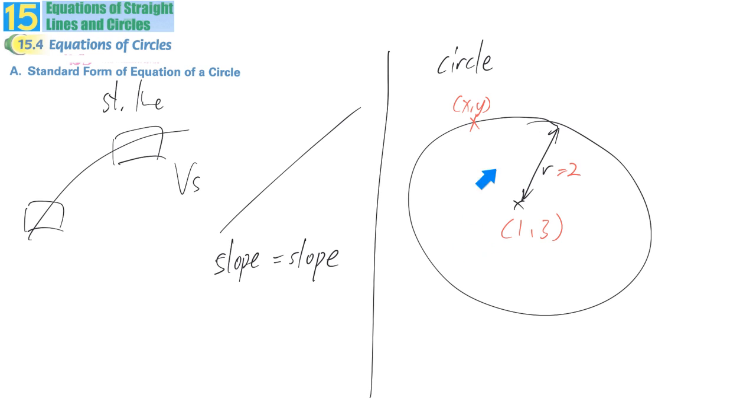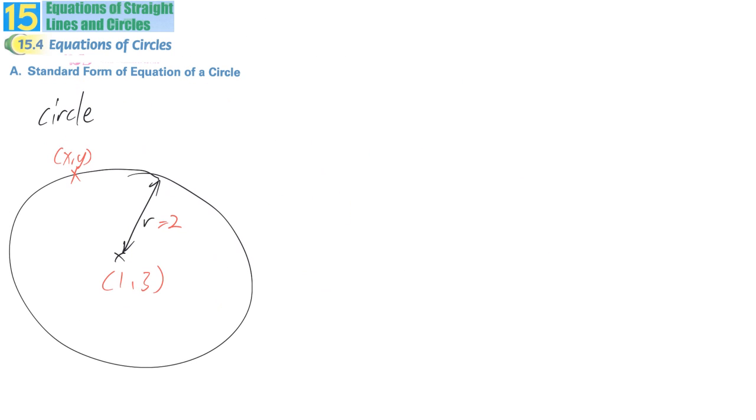If I want to know any point (x, y) that fulfills this requirement with a fixed distance 2 to the center, then I can write down the criteria: the distance from the general point (x, y) to the center, here (1, 3), should equal a fixed distance, that means the radius. That is the criteria for a circle.